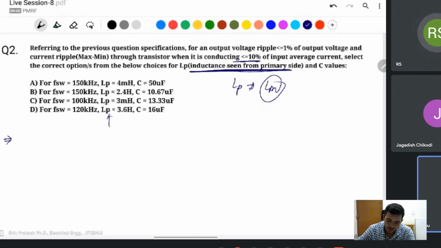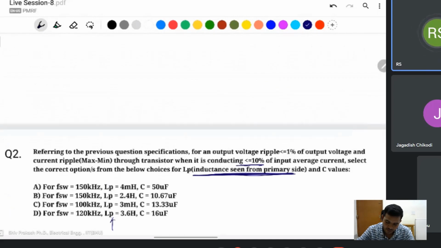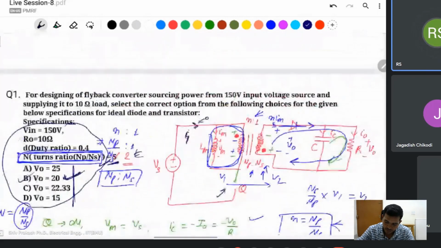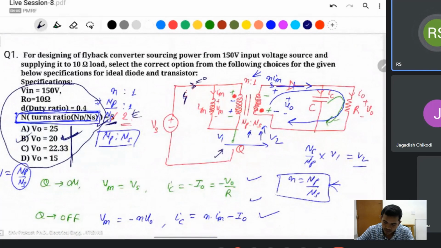Sir, in that flyback converter, the primary side of the transformer had this magnetizing winding, and then the other winding is there. Yes, we have the magnetizing winding, and then the other winding which carries the secondary. This one is only for transferring the power from primary to secondary.